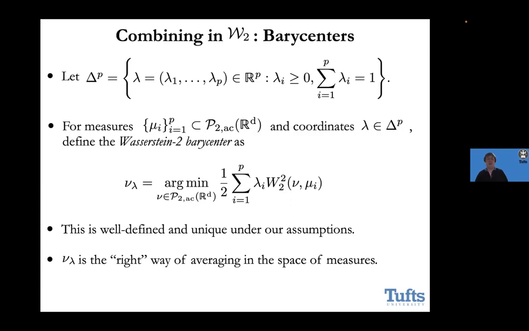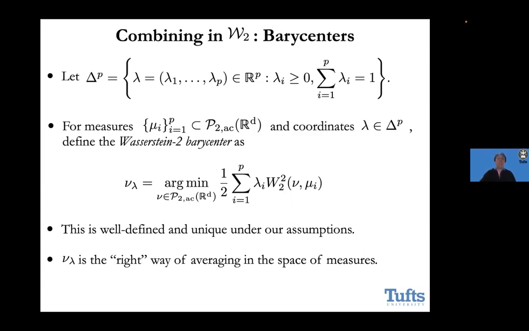That's the notion of Wasserstein barycenters: to define the correct way of combining a group of measures, with weights given by some lambda in the simplex, to be the measure which minimizes the weighted sum of Wasserstein distances between nu and the mu i's.